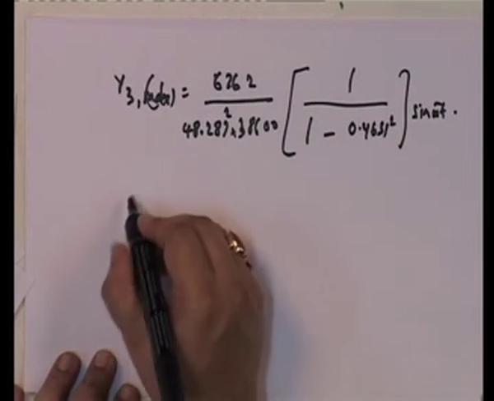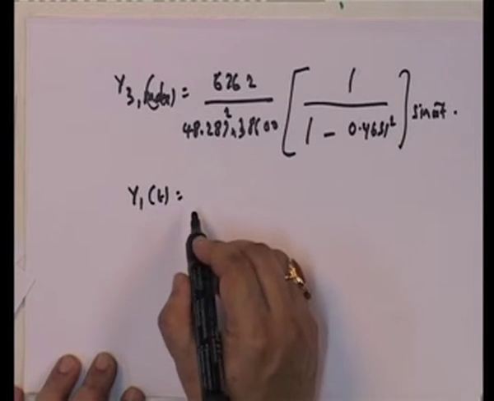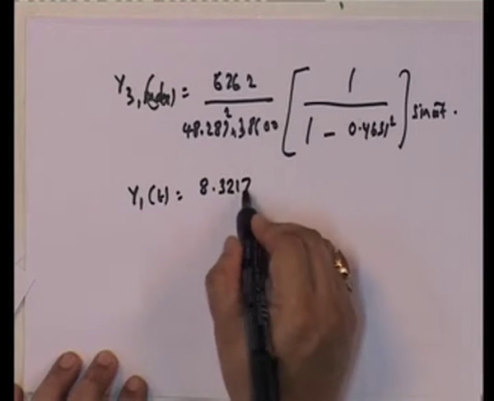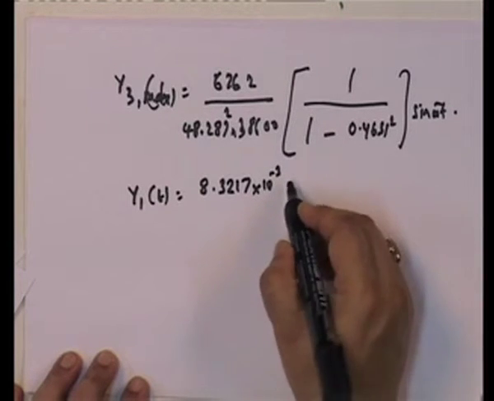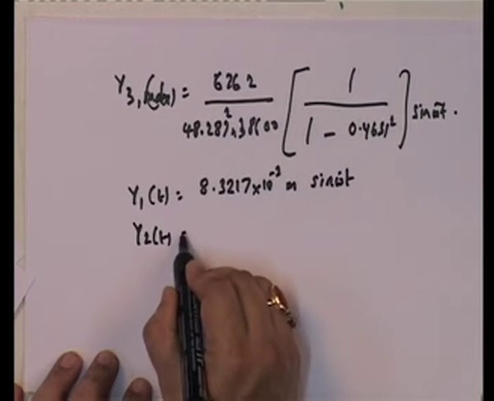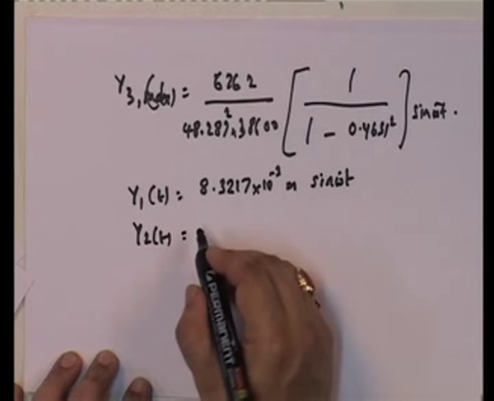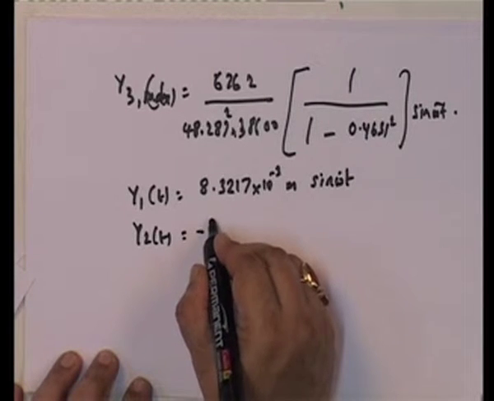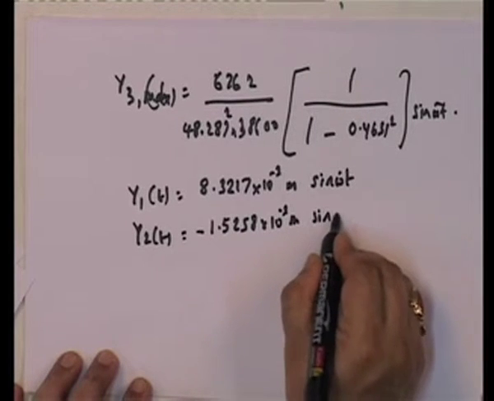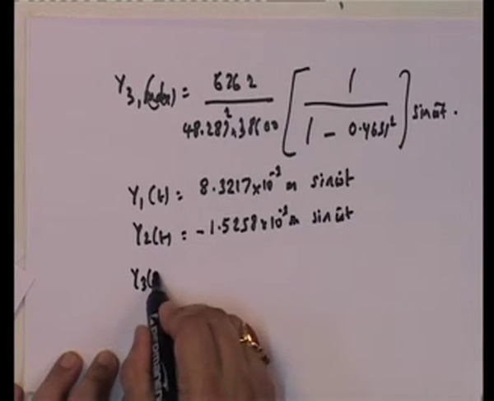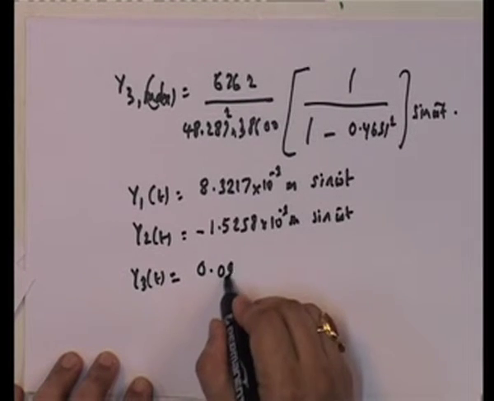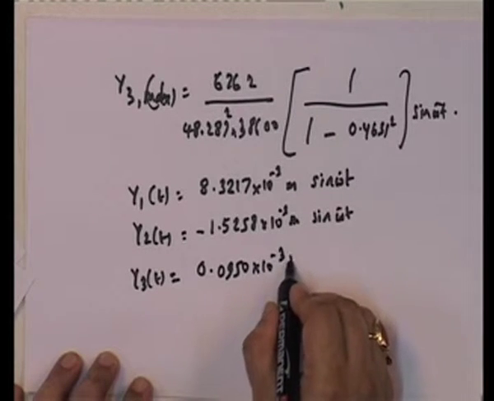So, if we evaluate these, we get that y1 of t is equal to 8.3217 into 10 to the power of minus 3 meters, sine omega bar t. y2 of t is equal to minus 1.5258 into 10 to the power of minus 3 sine omega bar t, and y3 of t is equal to 0.0950 into 10 to the power of minus 3.